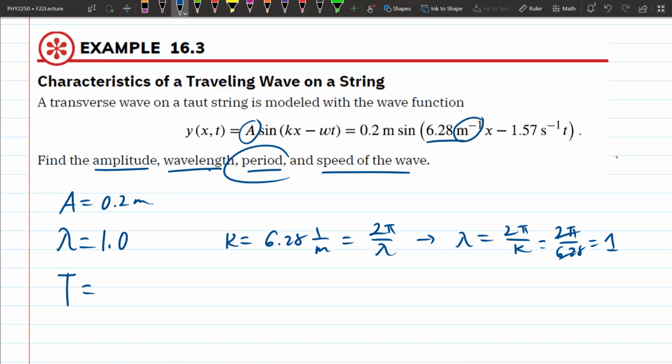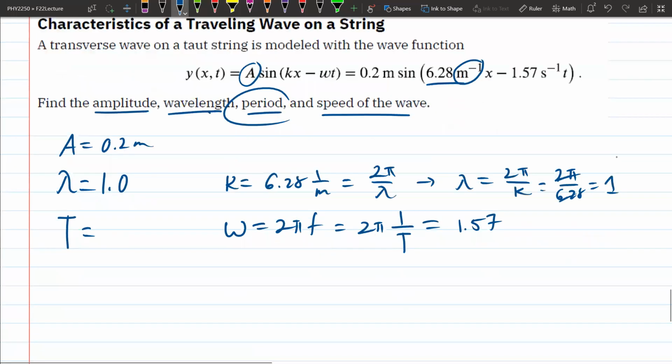We already used these numbers. What's left? You use omega. So how is omega related to T? Omega is 2 pi times the regular frequency. But how is the regular frequency related to period? They're inverses of each other. So we know what omega is, which is 1.57.